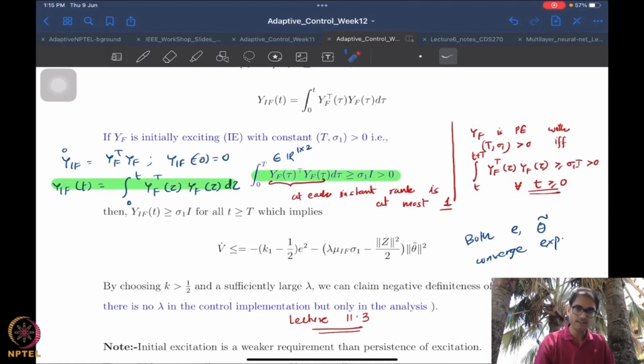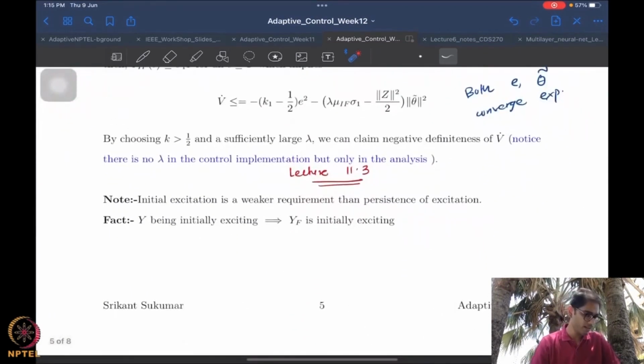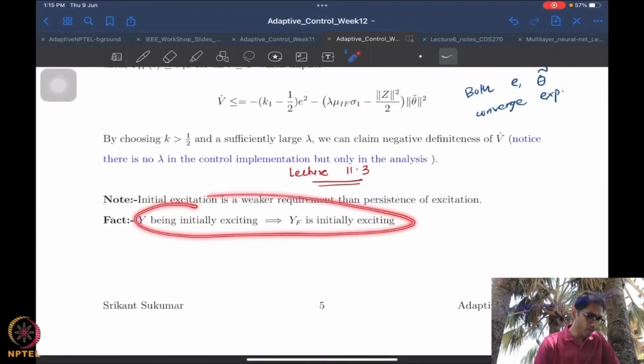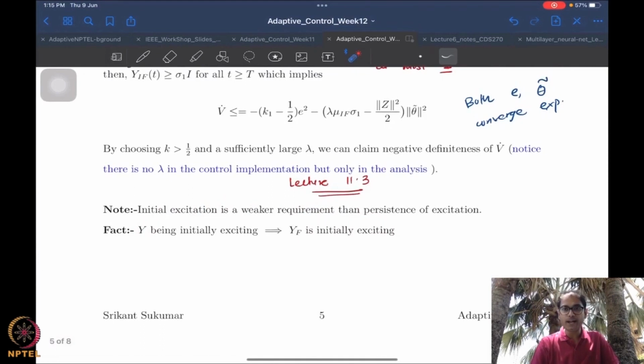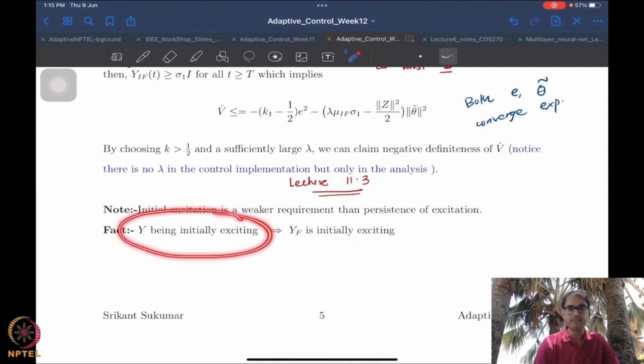So that should be obvious. The second thing is that the original regressor Y being initially exciting is sufficient for Y f to be initially exciting. So therefore, you don't need to verify the initial excitation property on the filtered signal, but on the original signal itself is sufficient. This is rather useful.